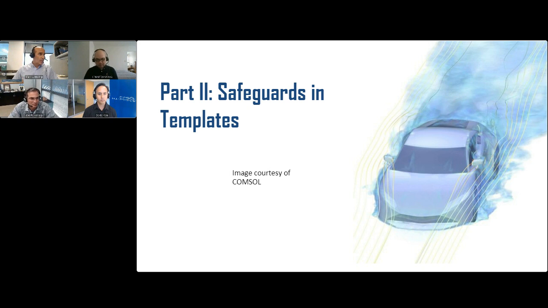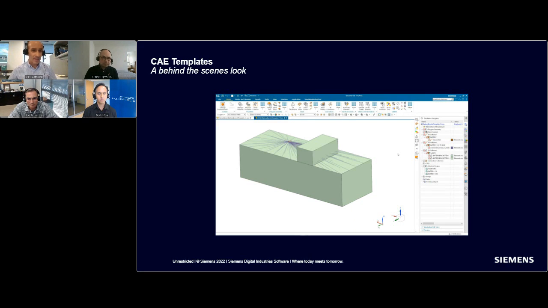Right. So again, I'll push my slide to the viewers, and the templates and standard features of the product really take care of much of that for the user. An example of a standard feature would be if a material is assigned to a body in the CAD, the CAE model's meshes generated on that body inherit that material.